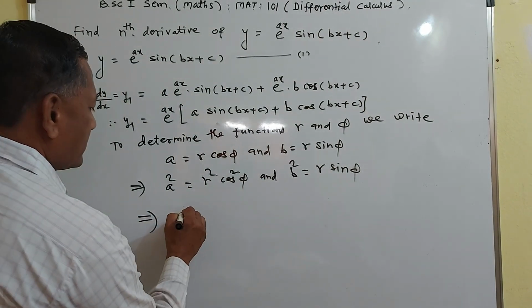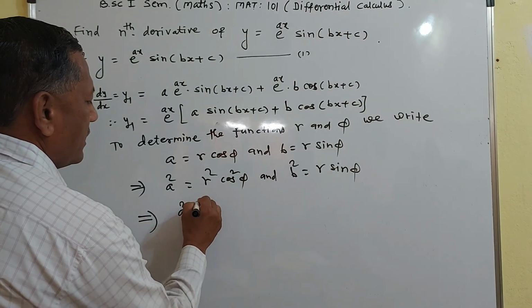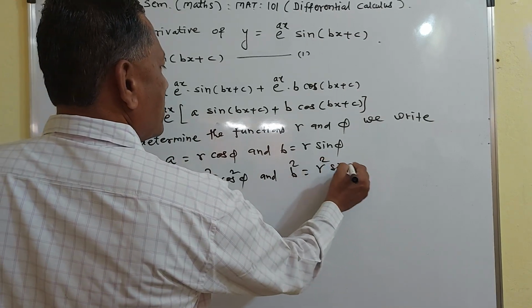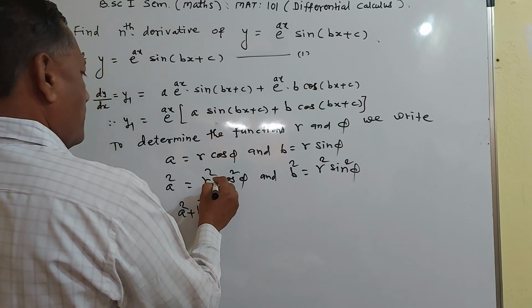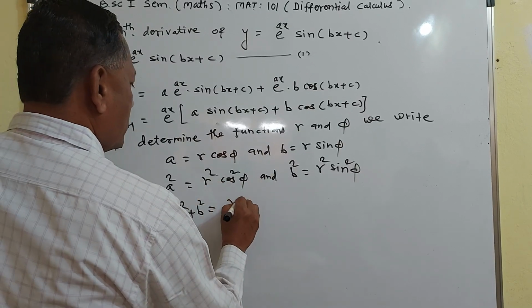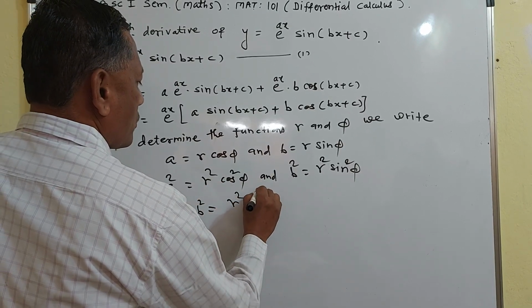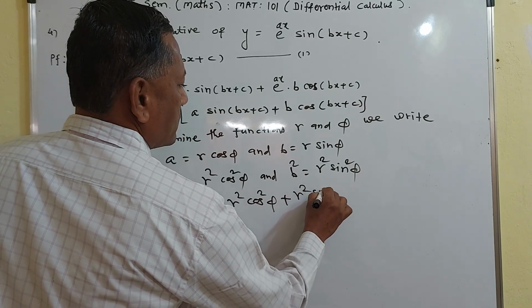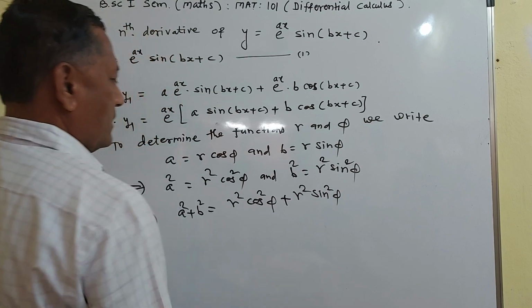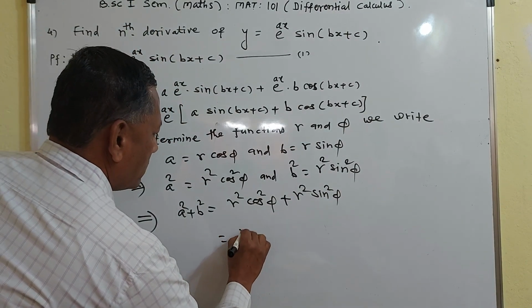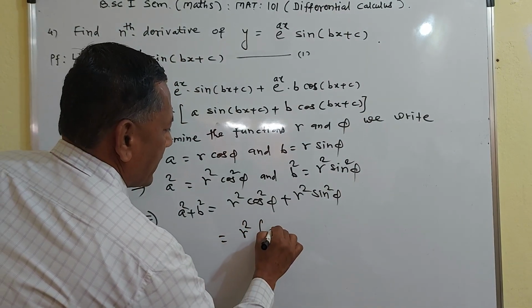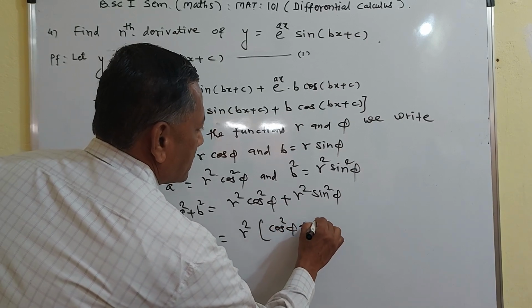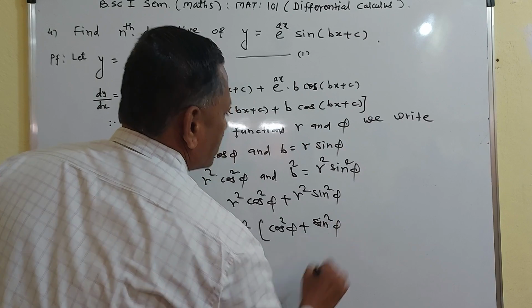We get a square plus b square is equal to r square cos square phi plus r square sin square phi. You take r square common, in bracket cos square phi plus sin square phi.